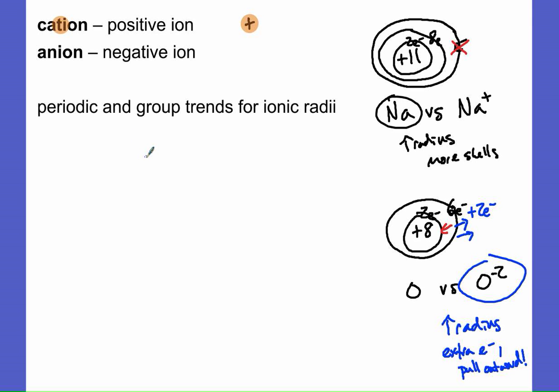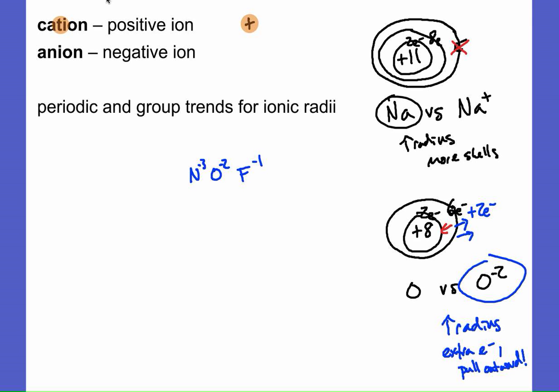But otherwise, when you compare ionic radii of different things, I can compare nitrogen, oxygen, and fluorine, all of which could be ions with these respective charges, -3, -2, -1.